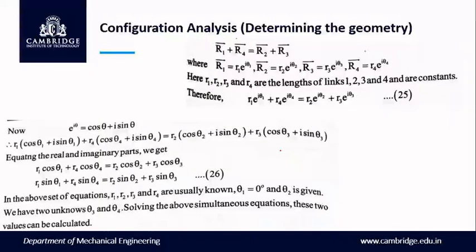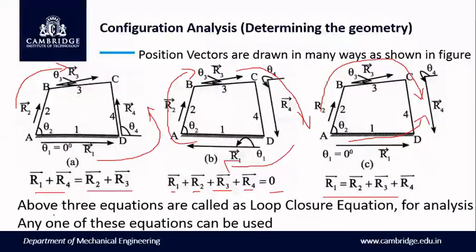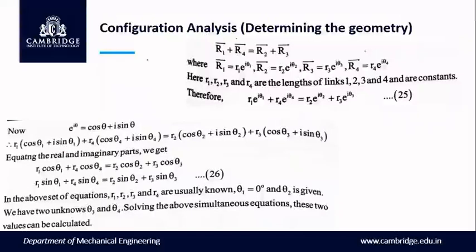Now let us consider the first loop closure equation, that is, r1 plus r4 is equal to r2 plus r3. We know that r1 can be written as the length of the link multiplied by e to the power of i theta, in complex algebra form. Similarly for r2, r3, r4.